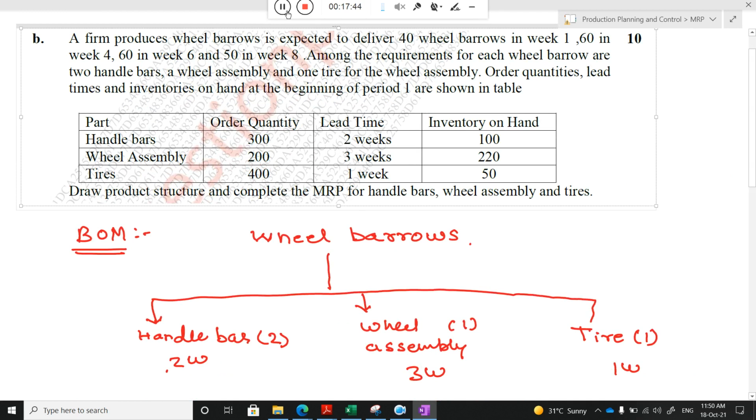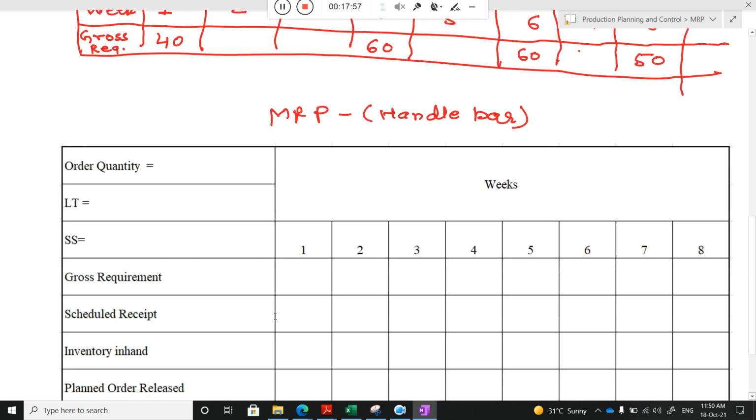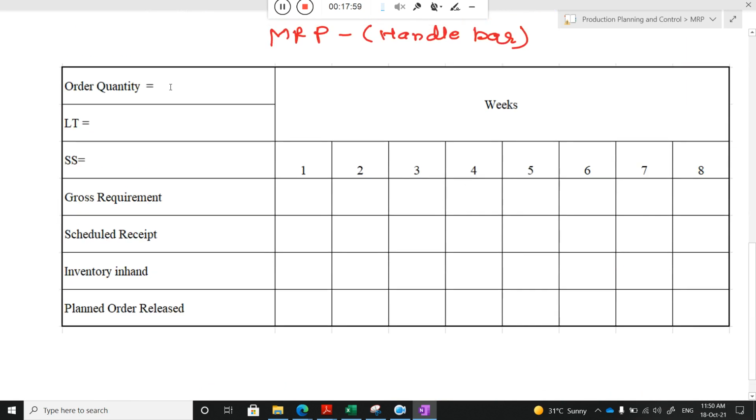I put that in this table in that particular portion. So 300 is the handlebar requirement. Here in this table I will write the 300. That is the economic order quantity for this particular handlebar.